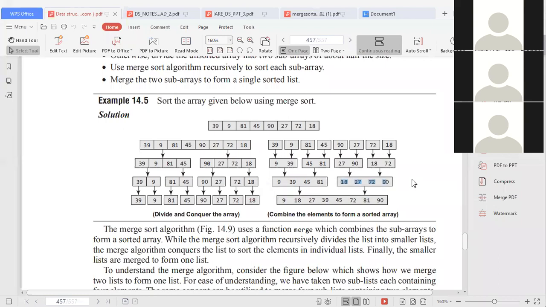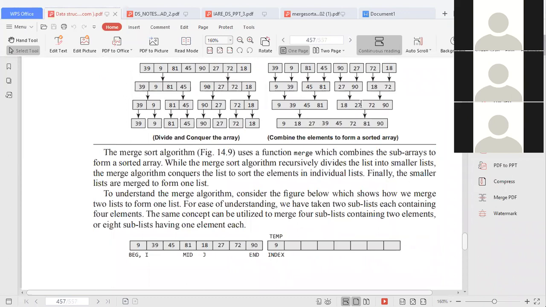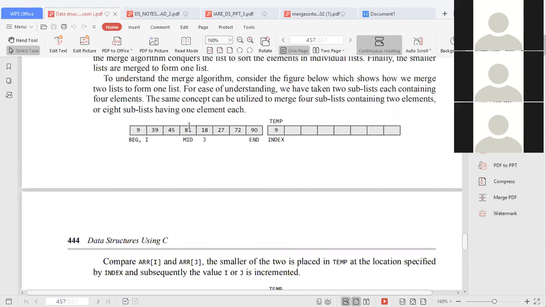Now we have two sorted arrays. Now combine these two to become a complete sorted list. That's what we did in the last class. Now how to combine these two sorted subarrays into a complete sorted list? That's what we are explaining today.